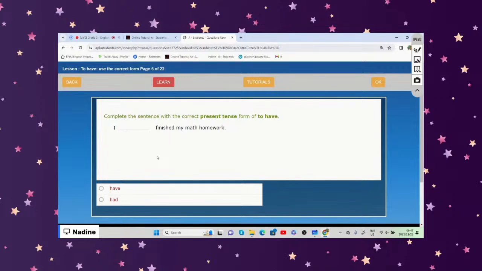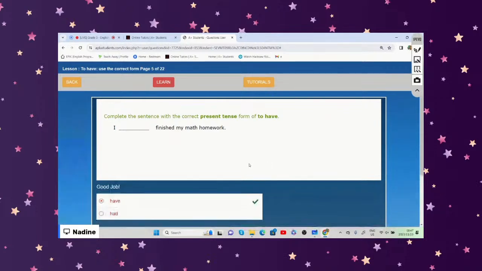So if we choose the correct one, we can say I have finished my math homework. Because remember, we are using it in the present tense.